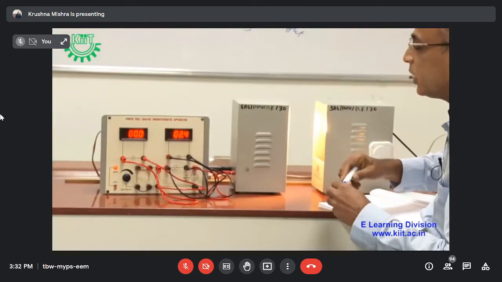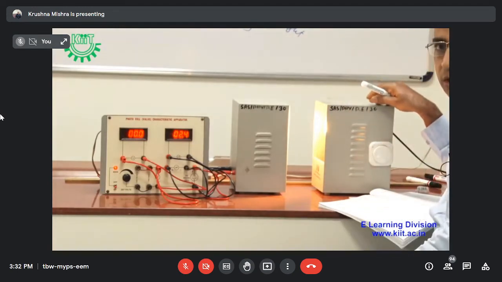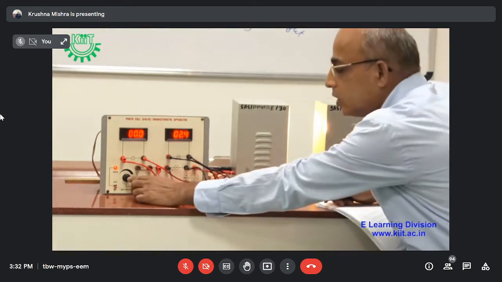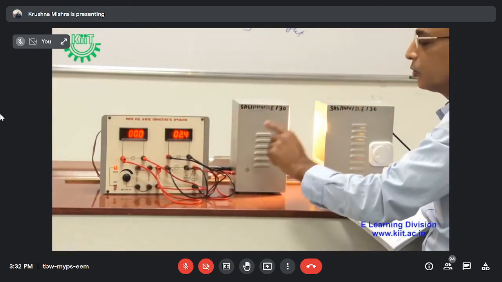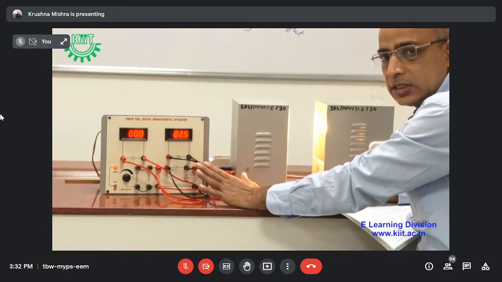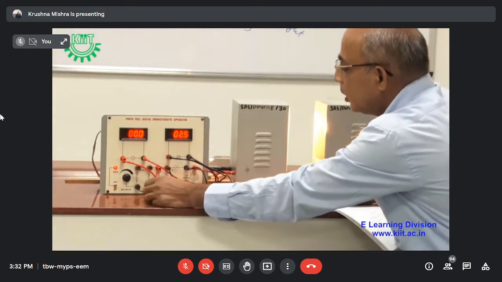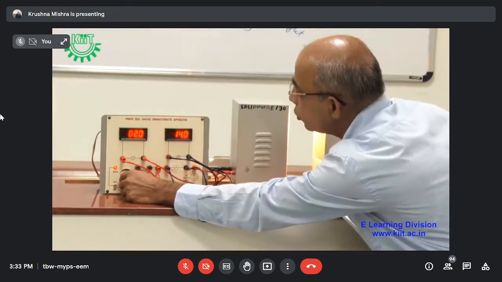Then we will go on changing the potential. Here the frequency of light radiation is kept constant and the intensity of light is kept constant. Only we are going to change the potential between cathode and anode, and we will observe the corresponding changes in photocurrent. So let us take 1 volt.